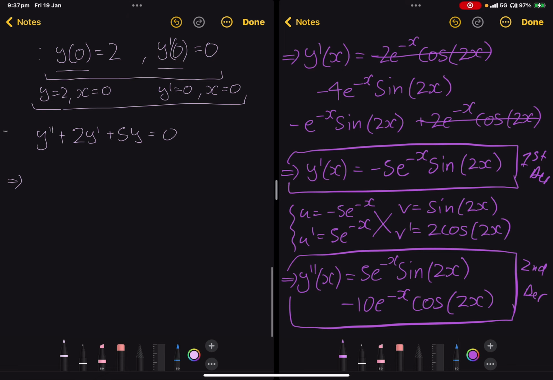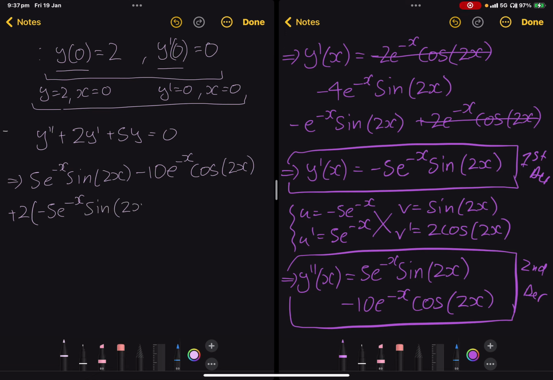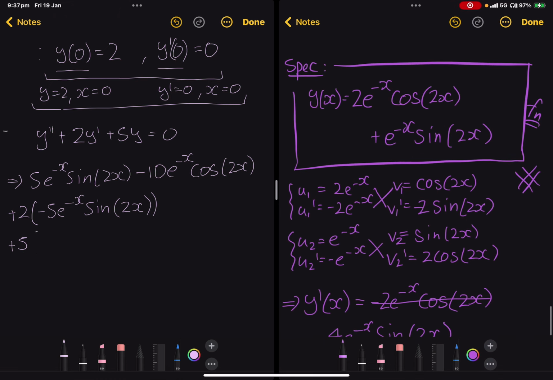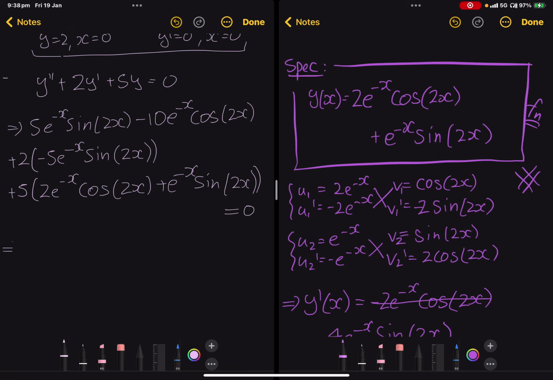So this means that 5e to the minus x sine 2x minus 10e to the minus x cosine 2x plus 2 times minus 5e to the minus x sine 2x plus 5 times 2e to the minus x cosine 2x plus e to the minus x sine 2x is all equal to 0, apparently. So now we're going to expand everything and see if this is true.